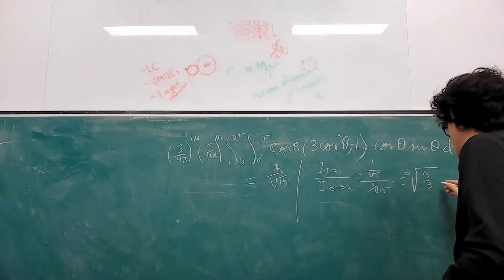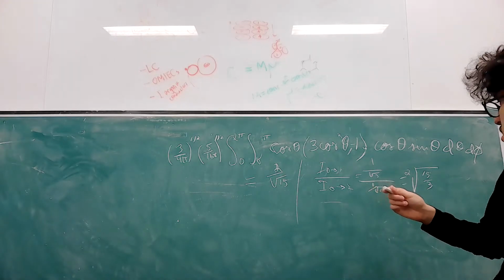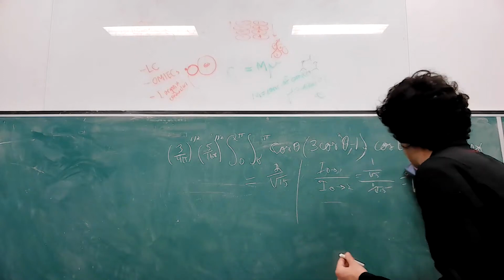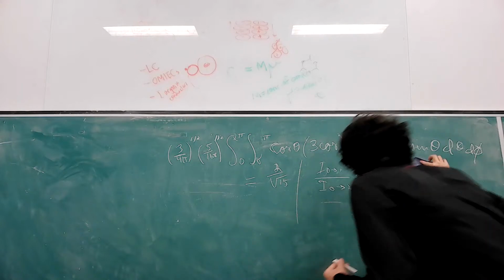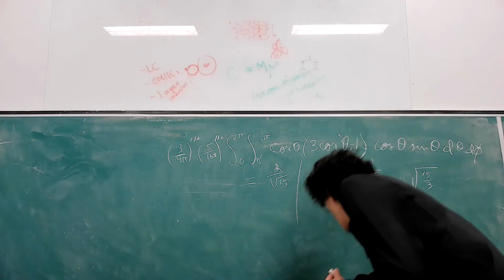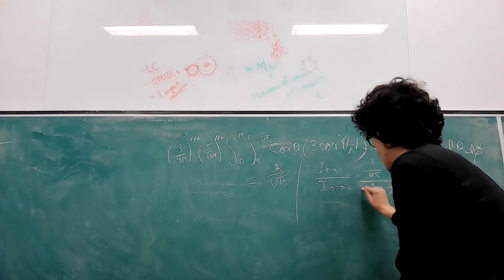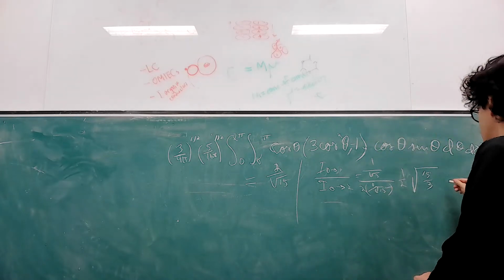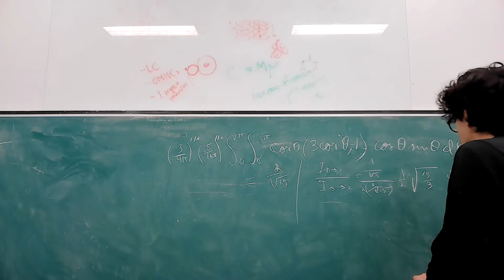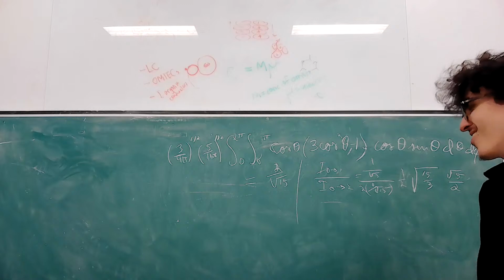Which is 2, great. Oh no. 1/2. Okay. So it's basically over 2. So that's your probability. Sorry that took that long.